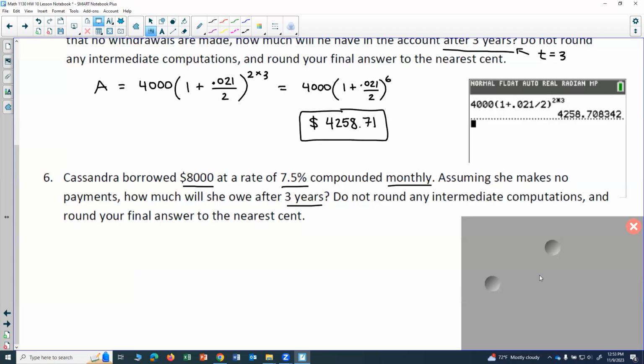So remember the formula is A equals P(1 plus R over N) to the NT. So I'm going to have my principal amount of 8,000(1 plus my rate, 7.5%, which would be 0.075.